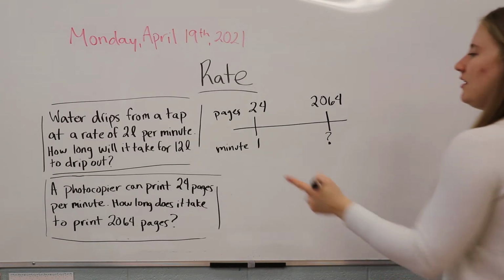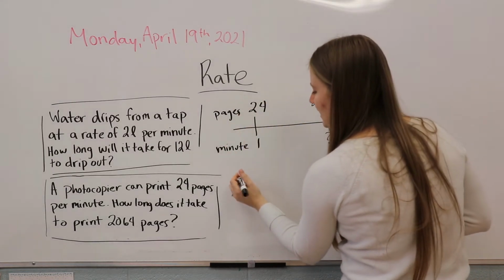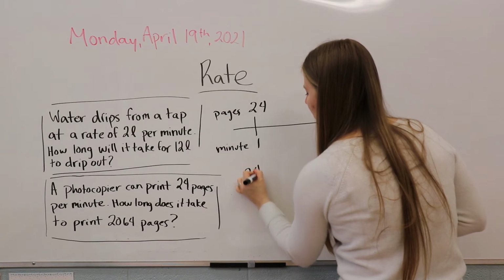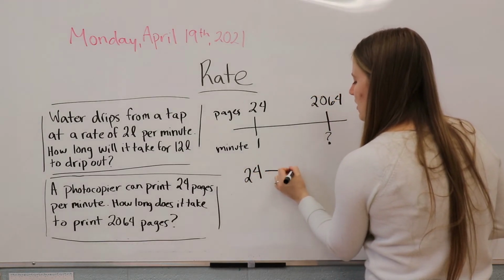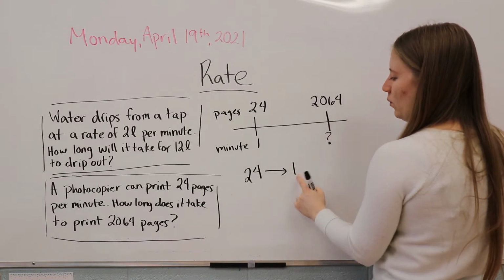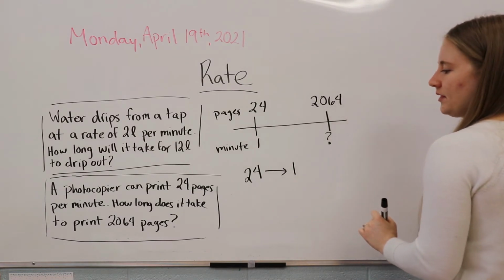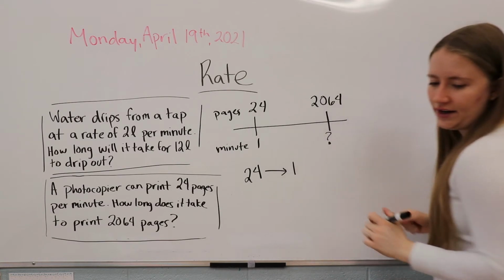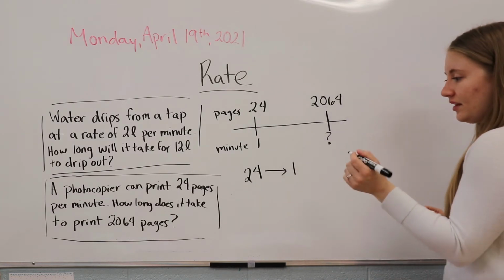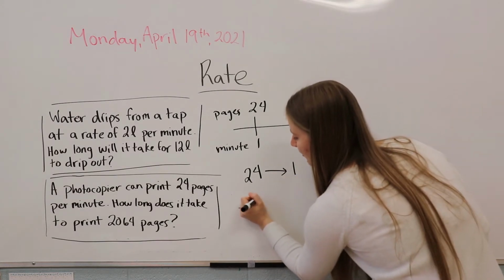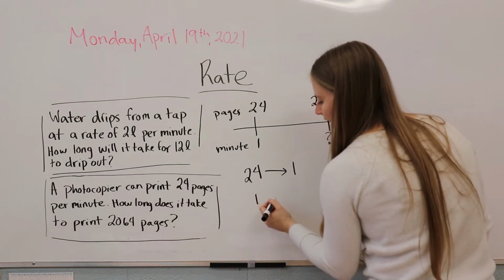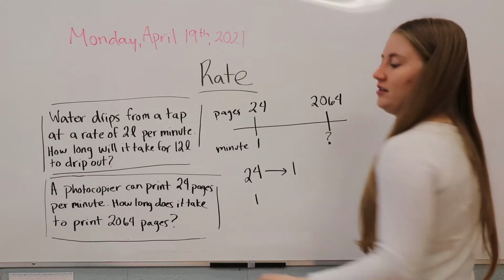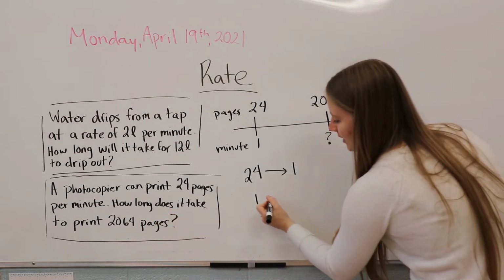So again, the value that we have 2 of is pages. So we're going to put the 24 on the left side of the arrow. Okay, and the relationship that we know is that 24 pages are made in 1 minute. Okay, so that's what our arrow is going to look like. And we still need to find out the value of how long it takes to make 1 page. Okay, because then we can find out how long it takes to make any number of pages.